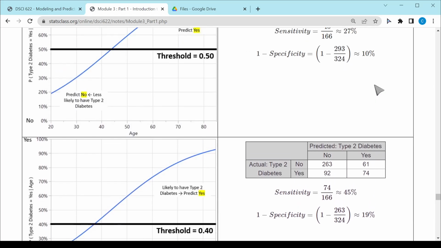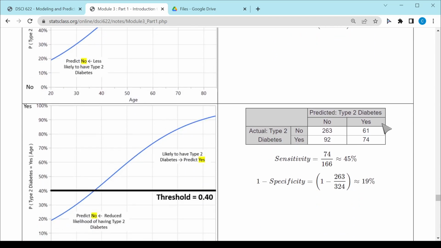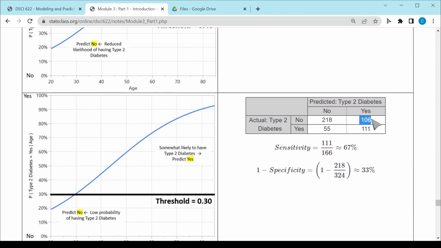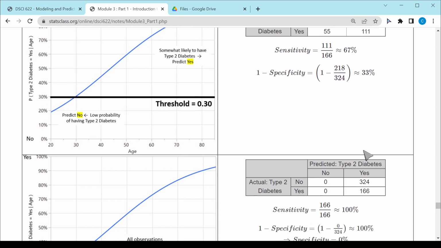Up here I only had 31 in that group where I made mistakes. Now I'm up to 106 mistakes. And again, the reason that's happening is because when I move my threshold down, those that do not have diabetes are being predicted to have diabetes. So that's what I mean by that balance. We have to try to balance both of those: that sensitivity and also the 1 minus specificity.